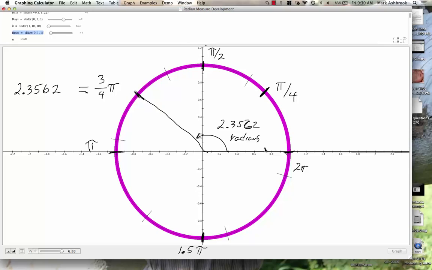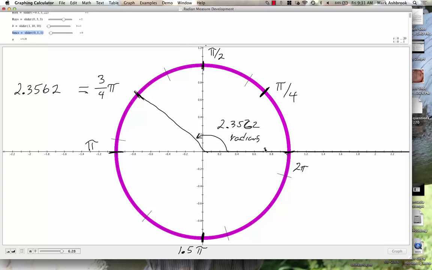So if we want to write that exactly, we use 3/4 pi, but we can't lose sight that that is a number of radius lengths that corresponds to an amount of openness of the angle. Okay? So don't just start looking at these fractions of pi, these multiples of pi, and saying, oh, that's just the name of this spot on the circle.